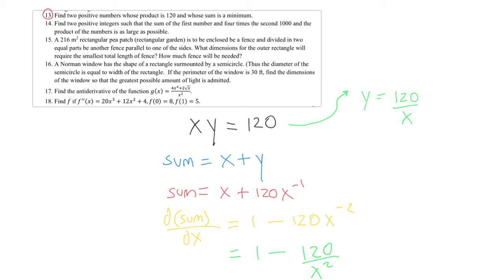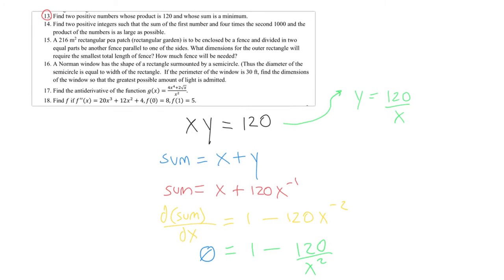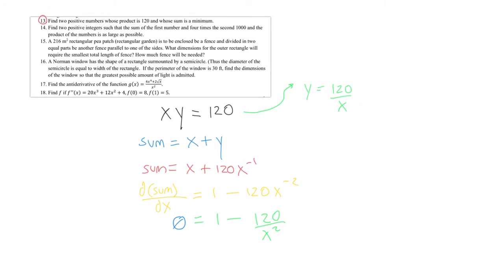Now, in order to finish the process, we do have to set this derivative equal to 0, and in doing so, we would get a situation where we'd have to add 120 over x squared to both sides.